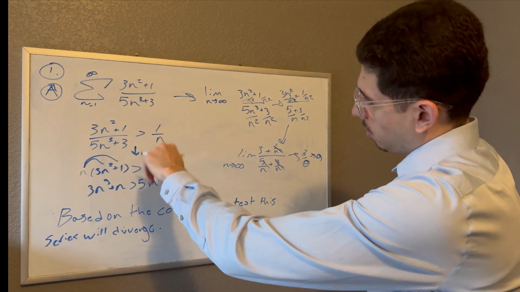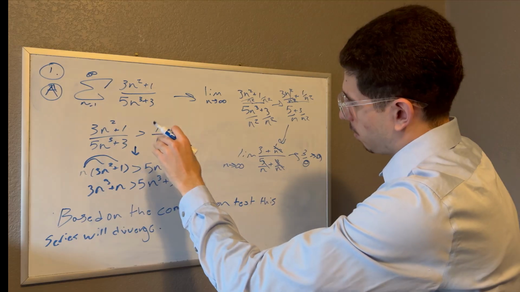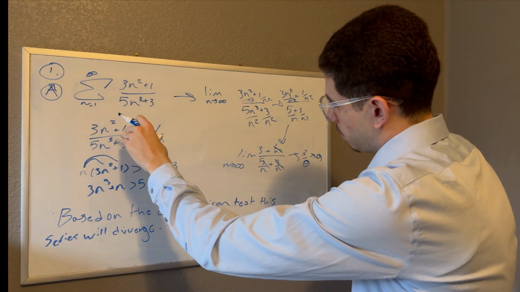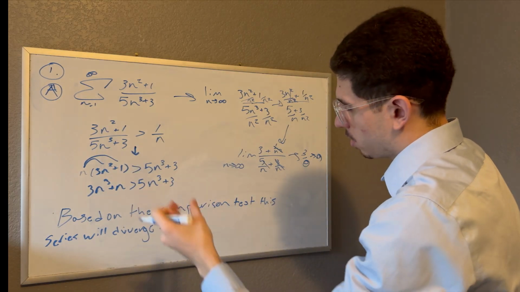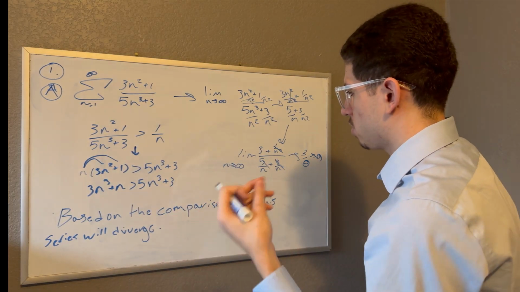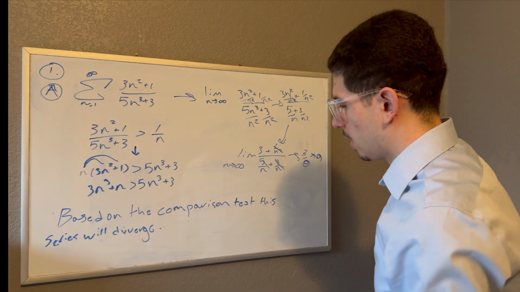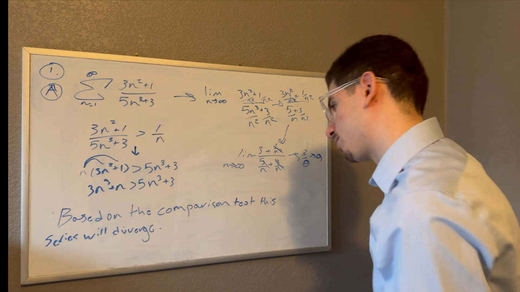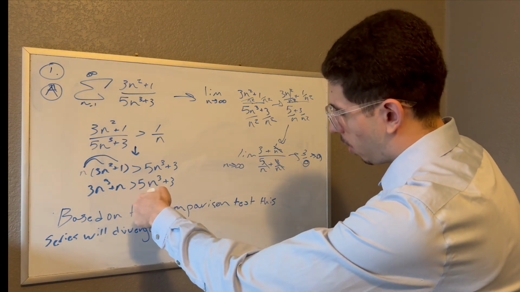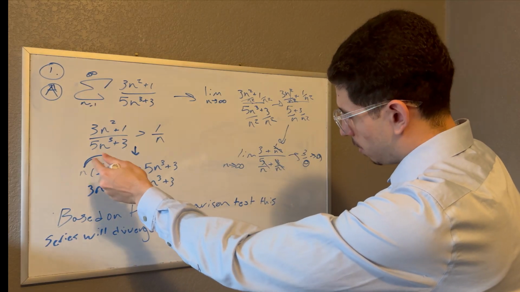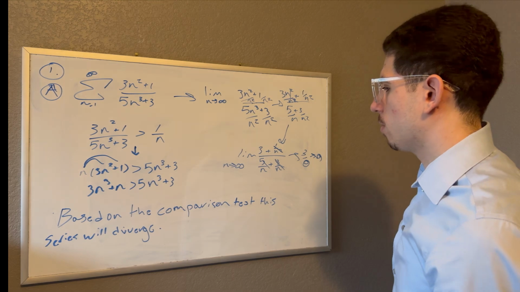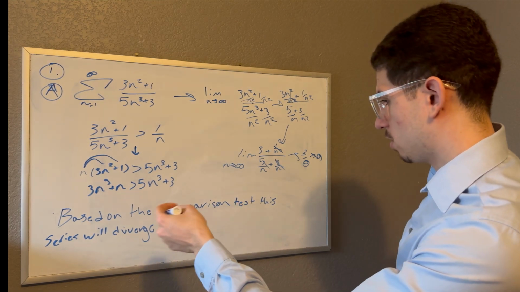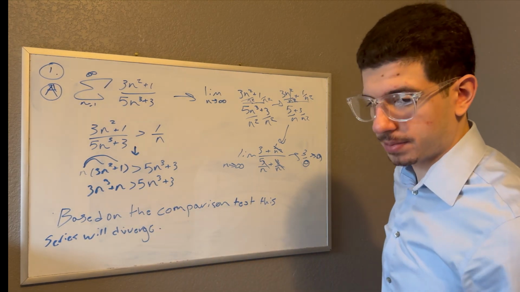And if we compare it to this series, and if this series is bigger, it's also going to diverge based on the comparison test. And we know this one is bigger because you could just plug in 1, and this one is going to grow a lot bigger than this one. So we just know based on the comparison test, this series will diverge.